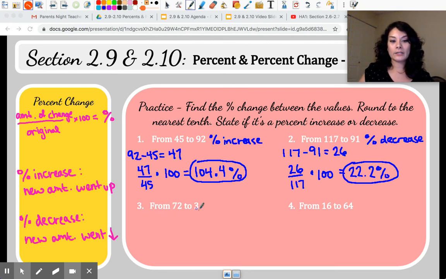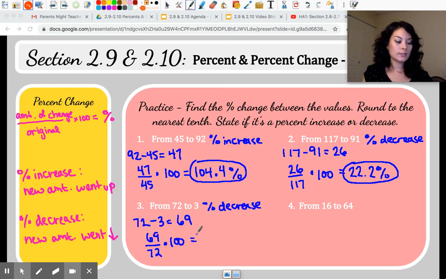Okay, and the next one, 72 to 3. 3 is lower, so this is going to be a percent decrease. And I can subtract these two and get, let's see, 2 and then one more brings me to 69. Divide 69 by the original number of 72. Multiply that by 100.